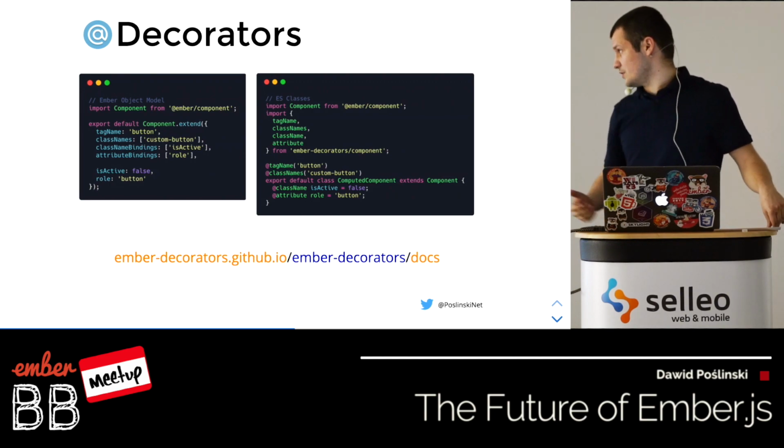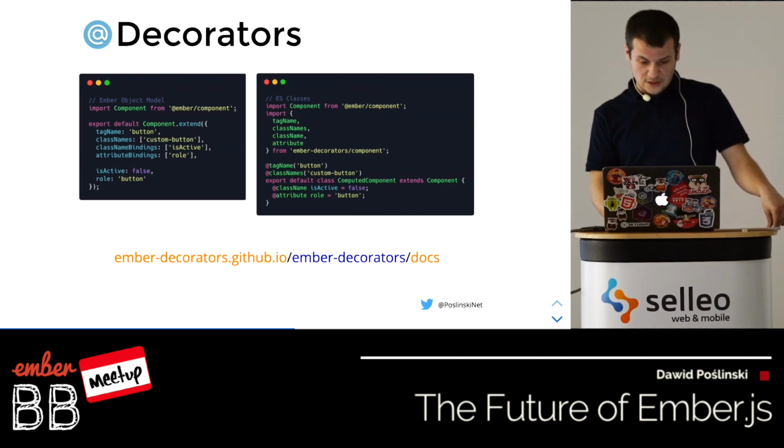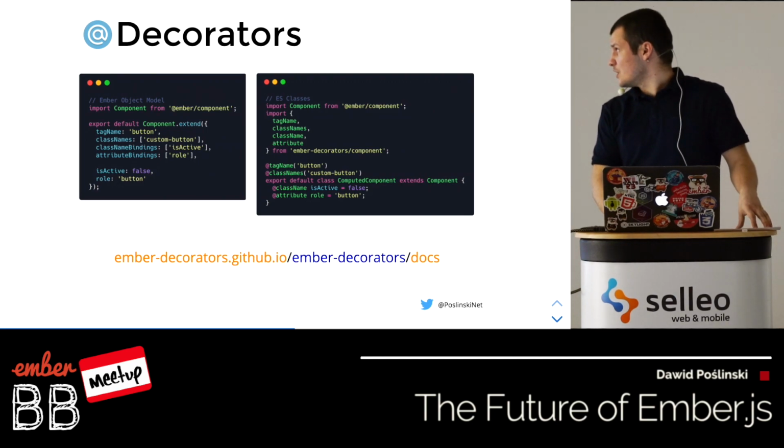Here are the references to the docs about decorators if you want to find out in detail how it works and what options we already have. But basically it will clean up our code quite a bit.